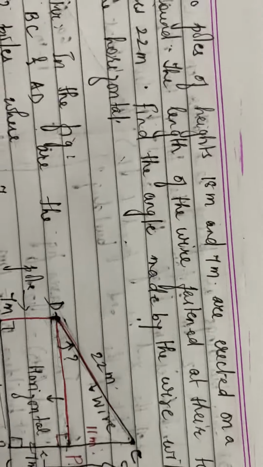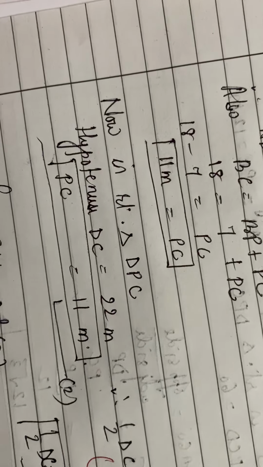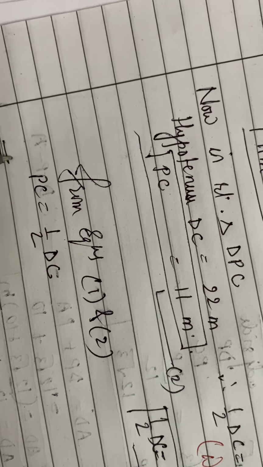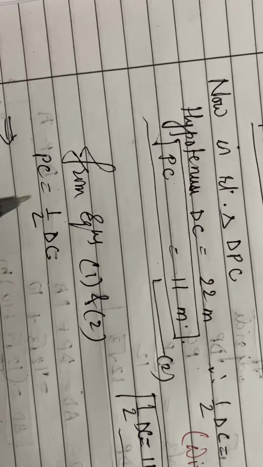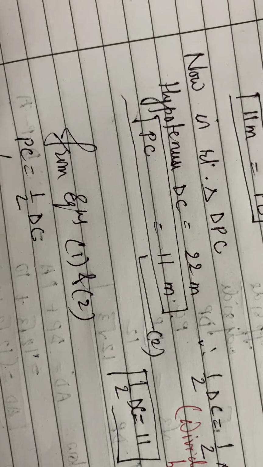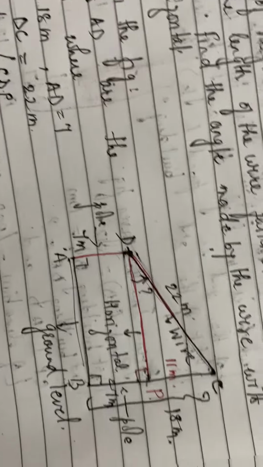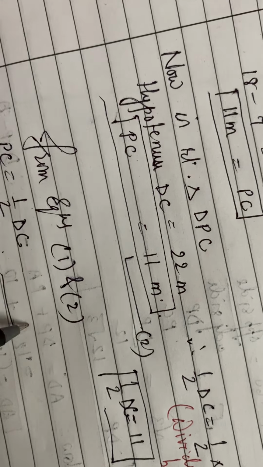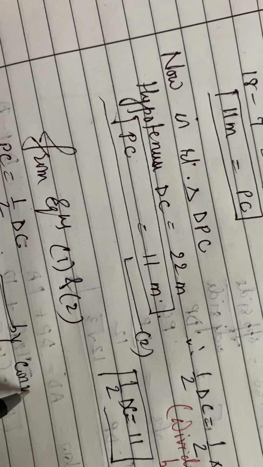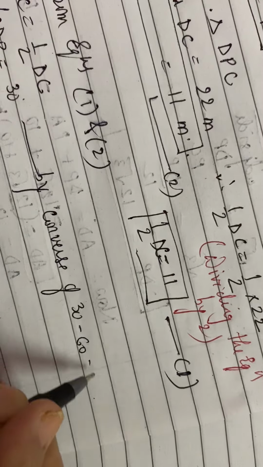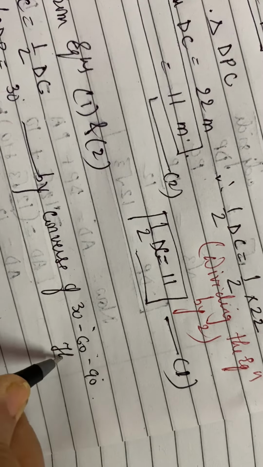Okay, so here we have PC is half of DC. What does this imply? That angle CDP is equal to 30 degree by converse of 30, 60, 90 theorem.